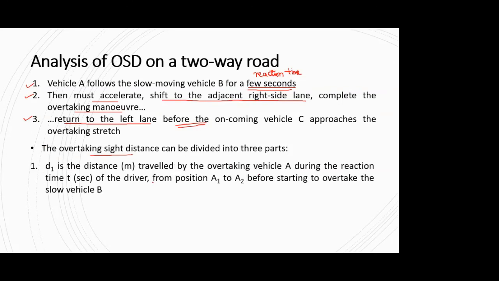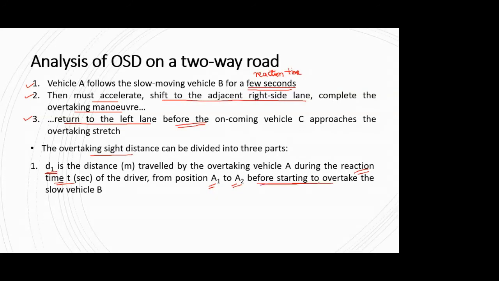The first part is the distance D1, which is traveled by the overtaking vehicle A during the reaction time. I have explained this in the scenario. It is in seconds, and the distance D1 is in meters. That distance is the distance from position A1 to A2 before starting to overtake.